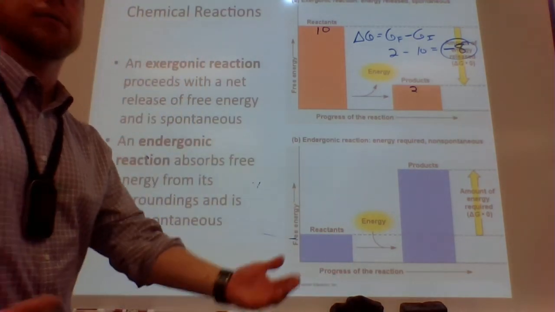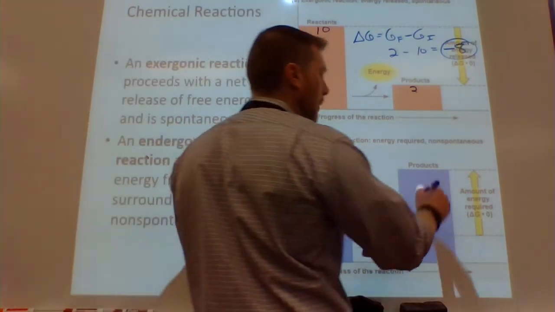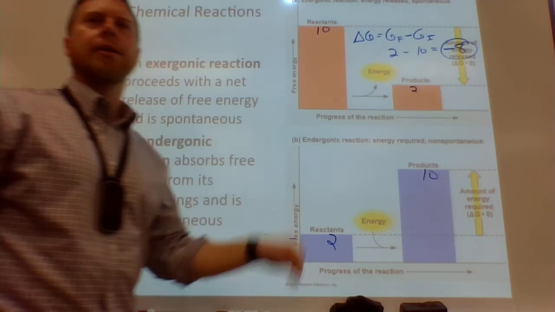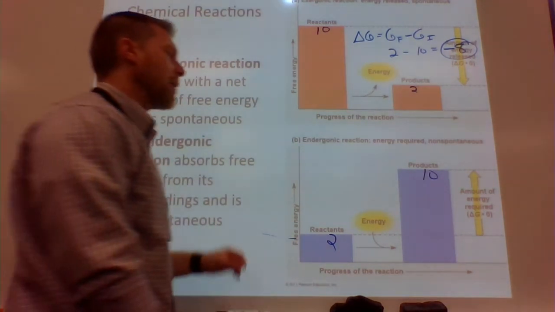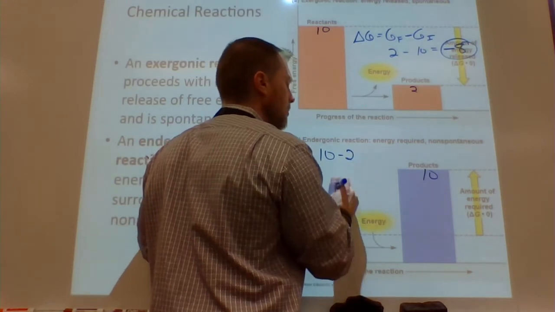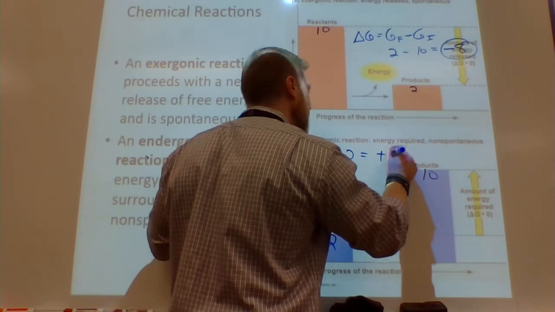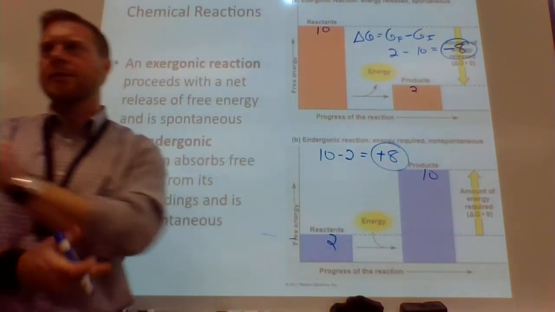Now you look at this one on the bottom here. You have the opposite. Low energy reactant being built into a high energy product. So now you have the final 10 minus the initial 2, and your delta G is going to be a positive 8.